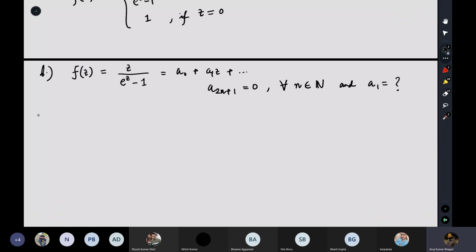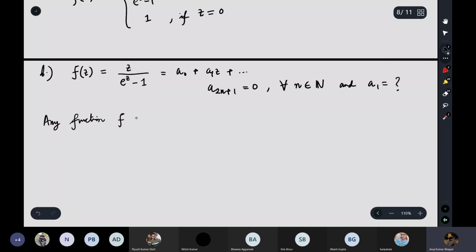So for that, you write that any function f can be uniquely written as a sum of even and odd function.